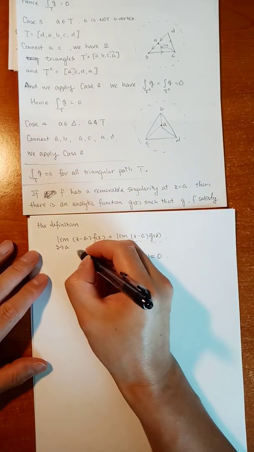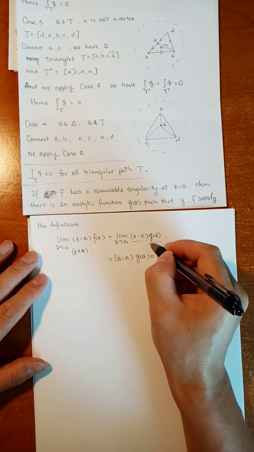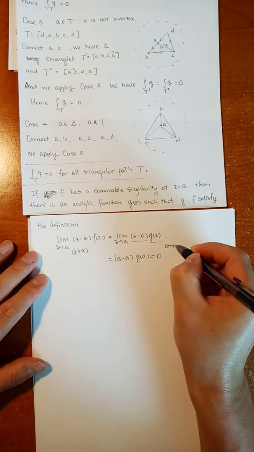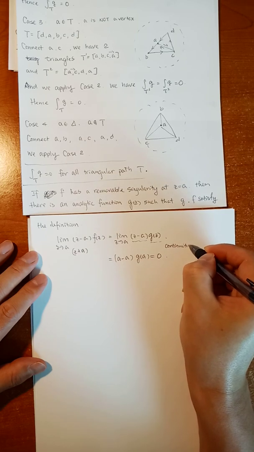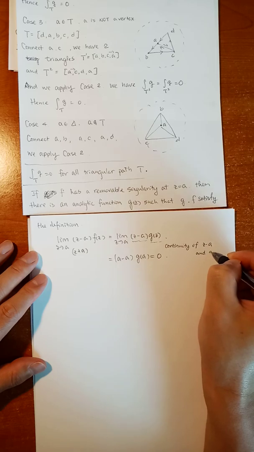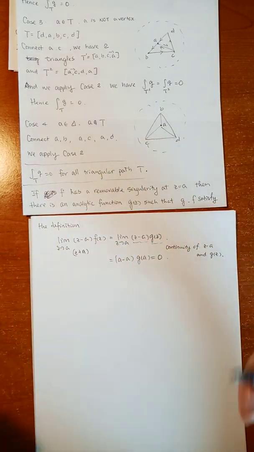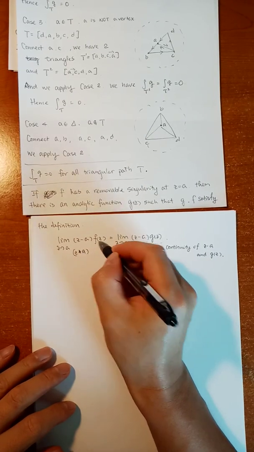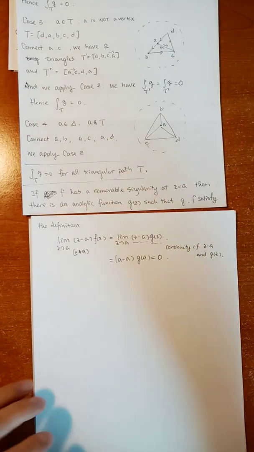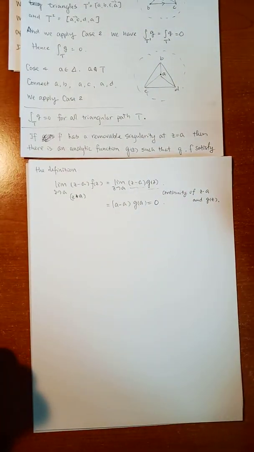Okay, so in this part, z is not equal to A. But in this part, we are going to use the continuity of z minus A and g of z. This part we don't know if F is continuous at A or not. So that's why we must pass from F to the better analytic function G. All right.